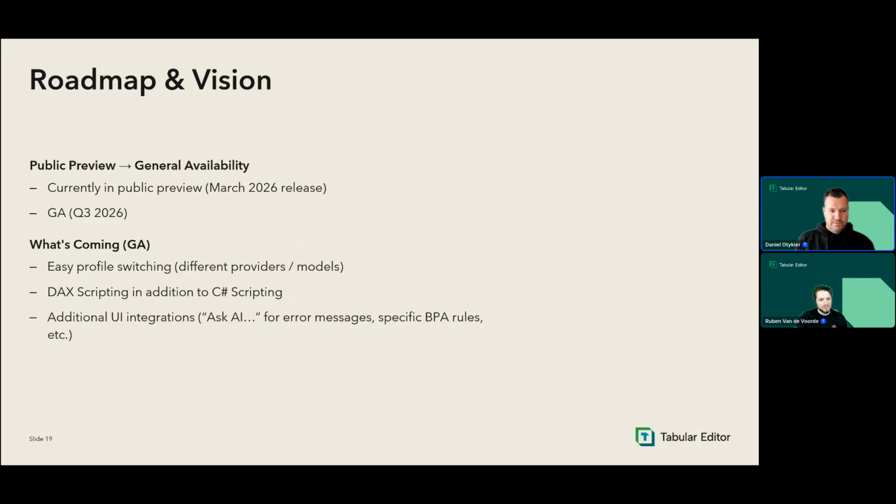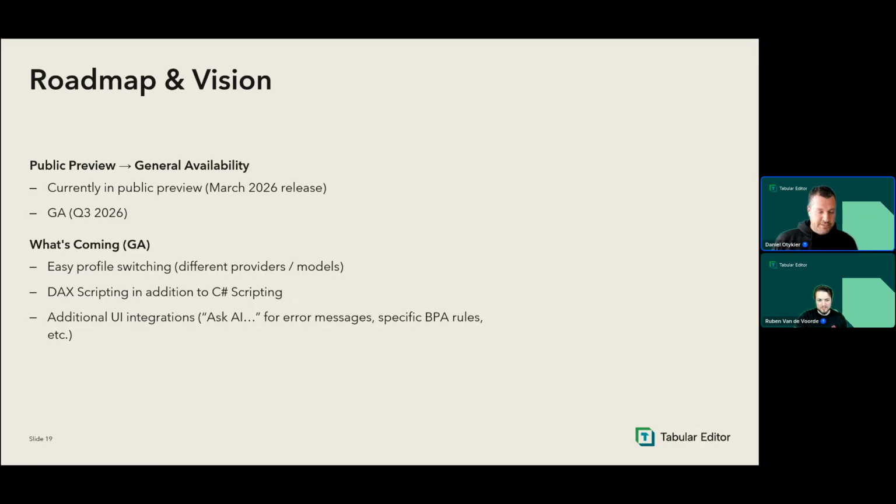Of course, with this approach, the LLM will not be able to do more advanced stuff like adding annotations, which was part of the demo that Ruben showed as well. But for simpler stuff, the LLM can choose to use DAX scripting in addition to C# scripting. And of course, you'll be able to review the changes just like we could with C# scripting.